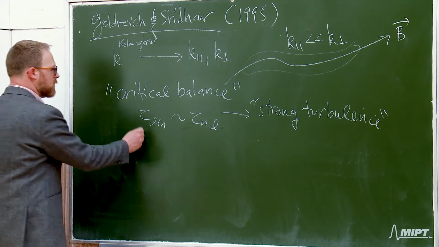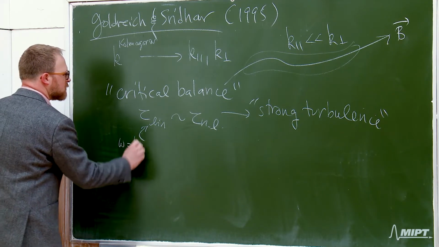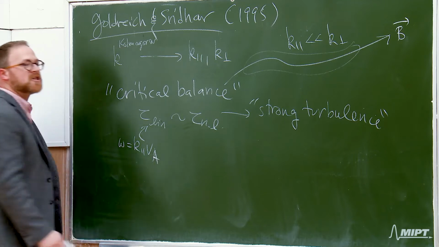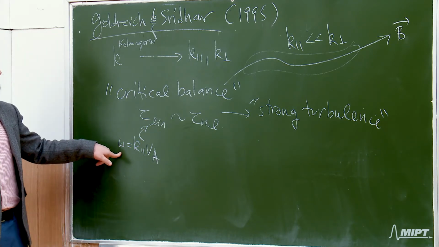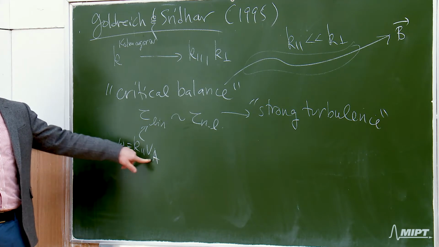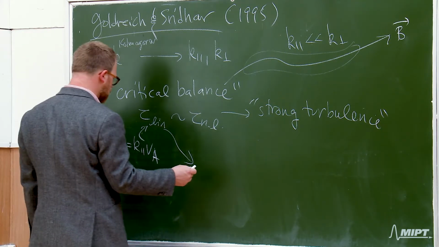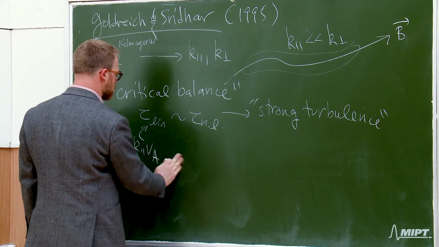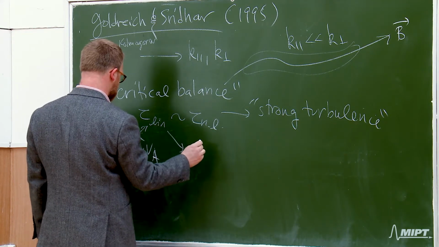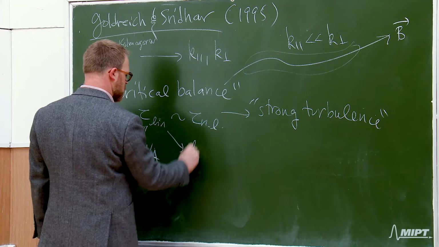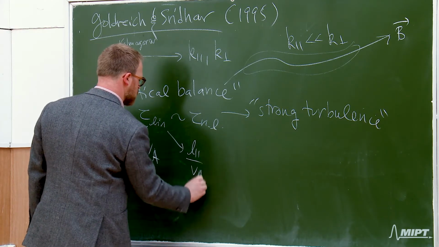And so here the frequency of just a shear Alfvén wave is omega equals k parallel v_A. So that says that this timescale is L parallel over v_A.